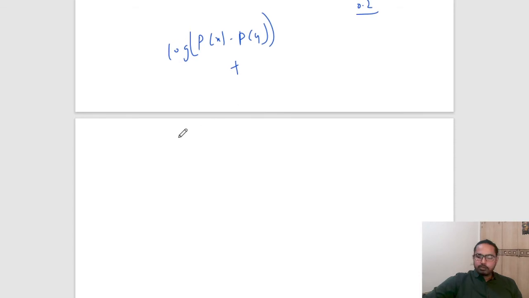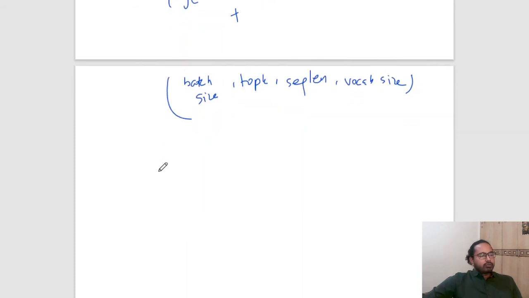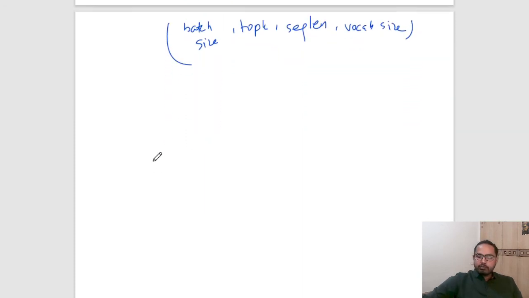So again we are left with a tensor of size batch size, top k, sequence length, and vocab size. Now here we want to find the probability of a target sequence, which in our case was I am Akash.